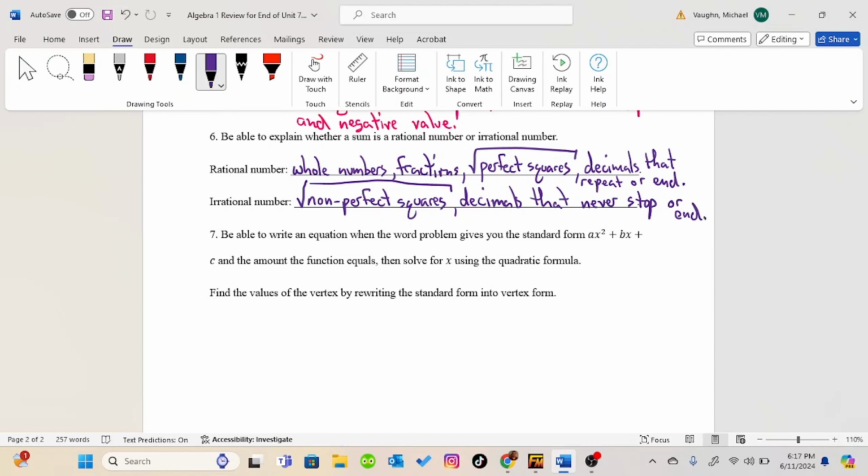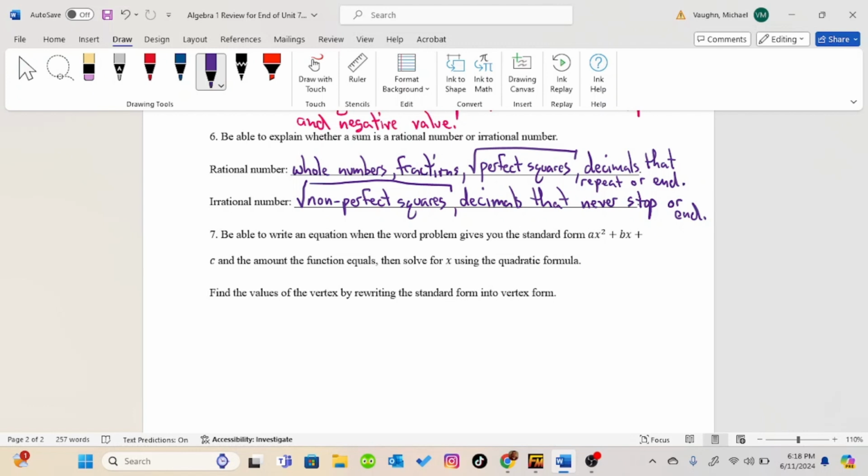So if you take a square root of a non-perfect square, such as 5, then that'll be an irrational number. If you have a decimal that never stops and never ends, such as pi, then that is also an irrational number.